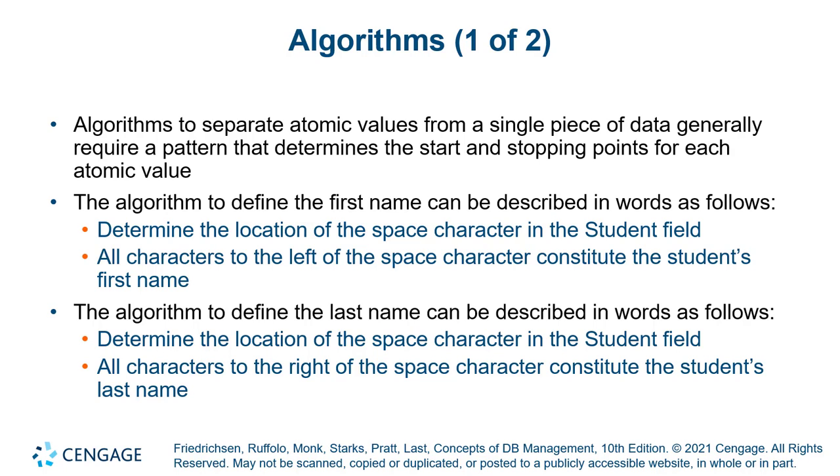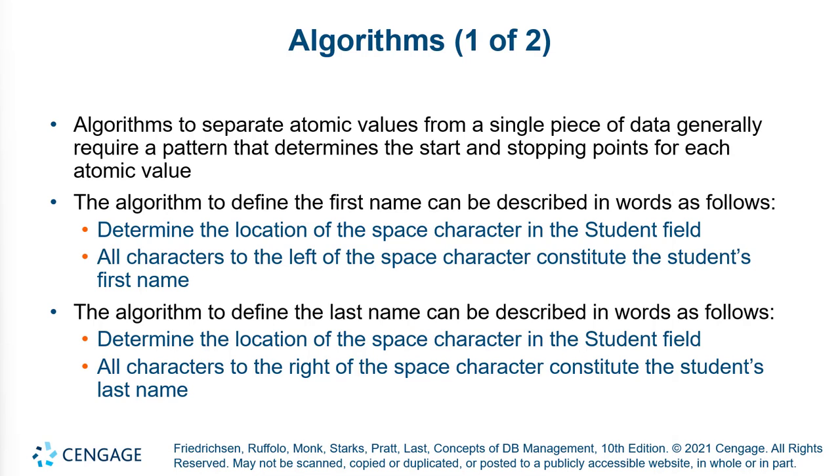For example, with the student field, we have a first and last name. So our algorithm can be: find where the blank space is in the value, and everything to the left of that blank space is going to be the first name, and everything to the right of that blank space is going to be the last name. That can be our algorithm to split up this value into separate atomic values.